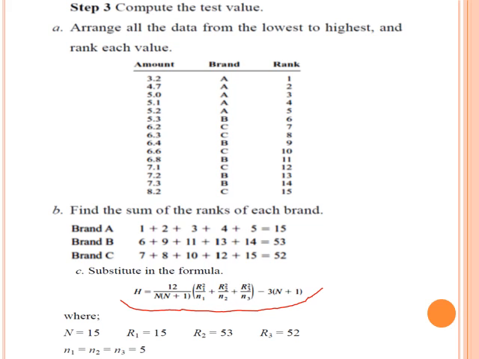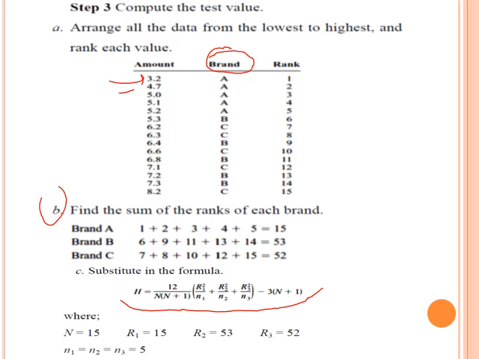The lowest one is 3.2 and comes from brand A. And you should write in a column where each amount comes from, brand A, brand B, or brand C, because you will need it in the next step. So after ranking, write the column beside it showing which brand each value comes from.